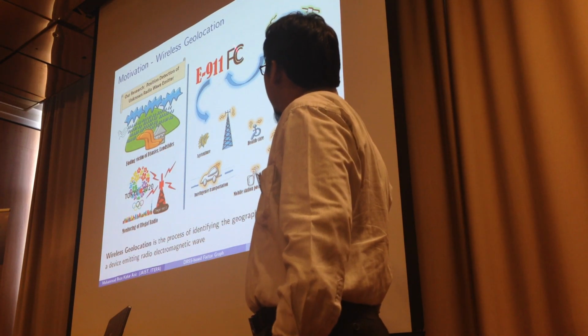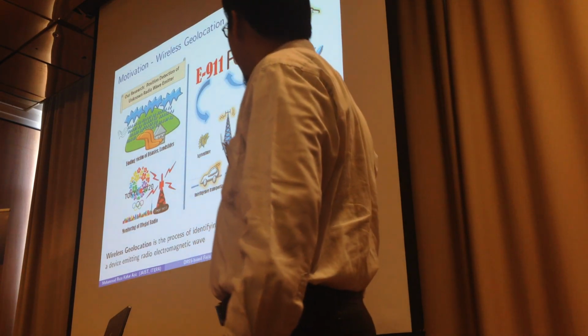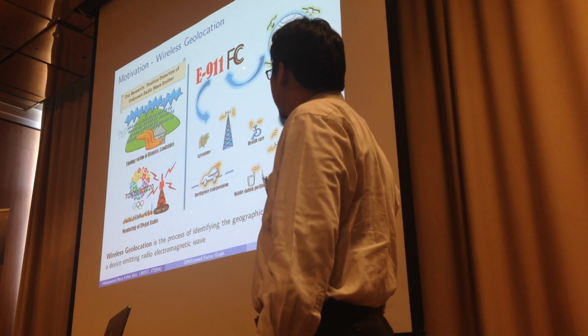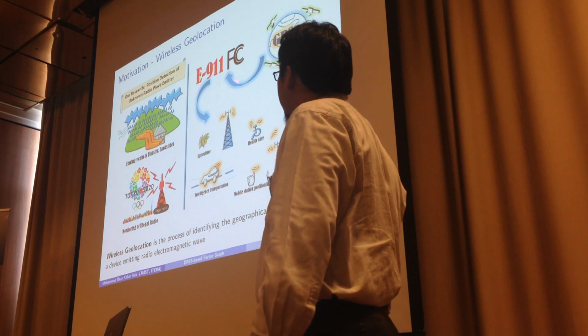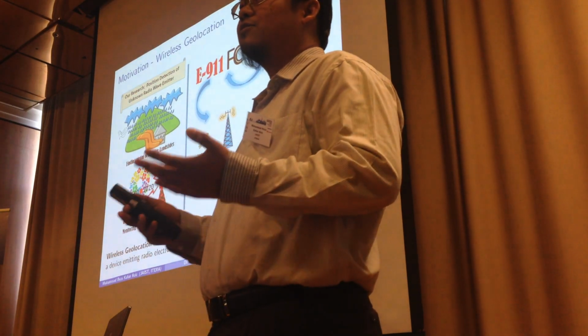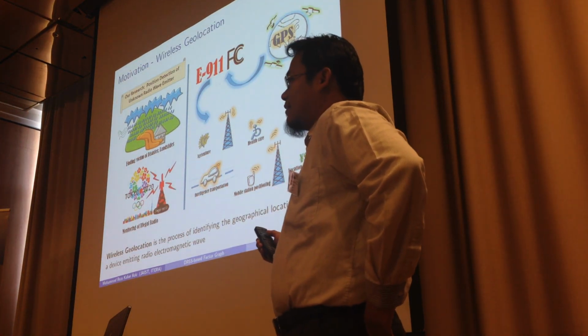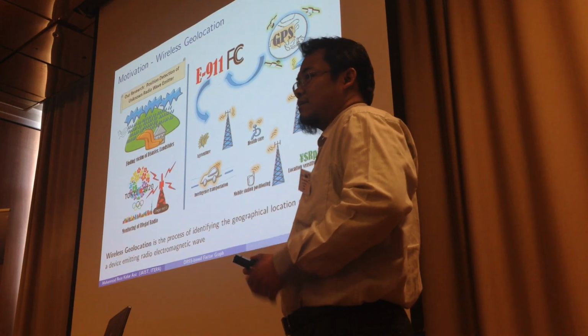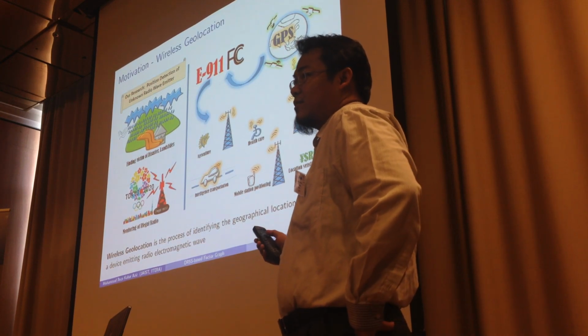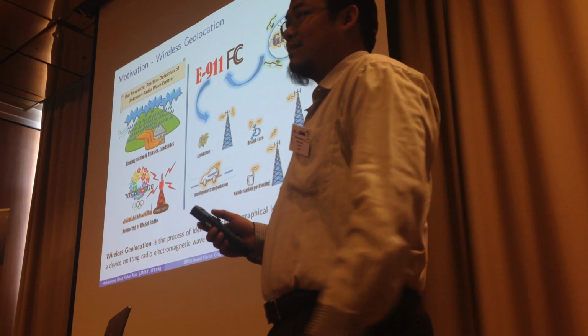Then the FCC, the Federal Communications Commission in the USA, issued the requirement to apply E911 in every wireless communication. That's when wireless geolocation became booming until now.